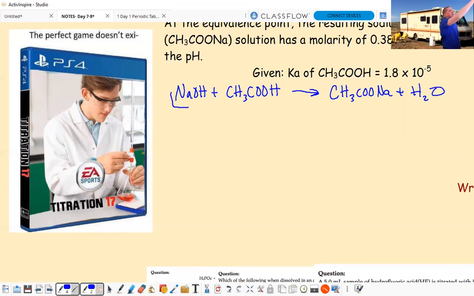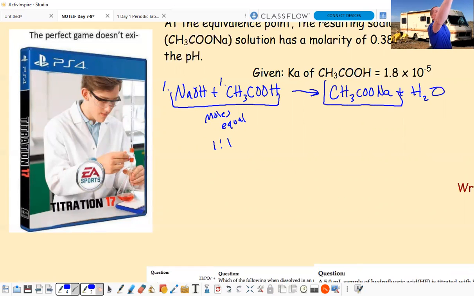Now what they're saying is you're at the equivalence point. So the moles are equal. And notice it's a 1 to 1 mole ratio. If it was a 1 to 2, you could still have the moles equal, but you would need twice as much of one or the other. So there's 0 of this left and 0 of this left. So all we have is this stuff. And that's what the reaction said. So we have the sodium acetate at the equivalence point.